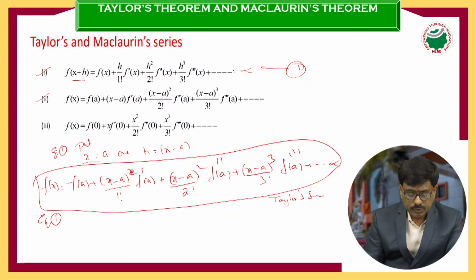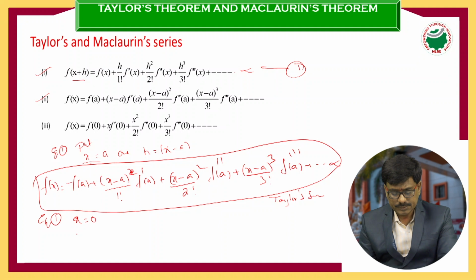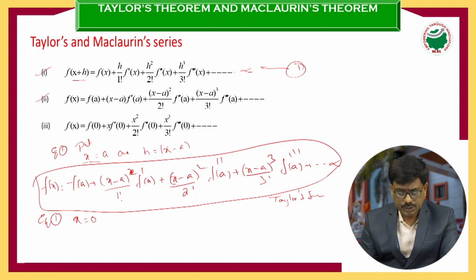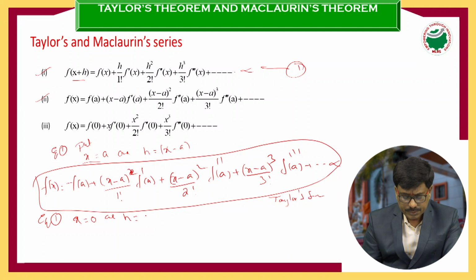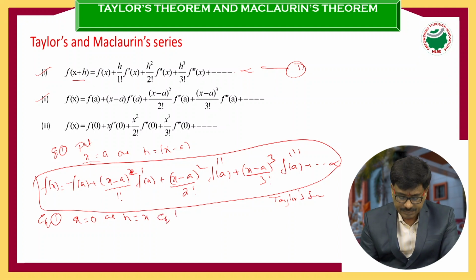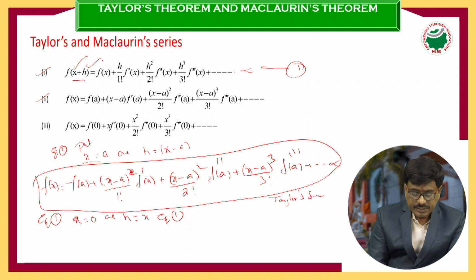For this series, I am going to substitute in equation 1 x replaced by 0, and h replaced by x. Then this equation becomes what happened?